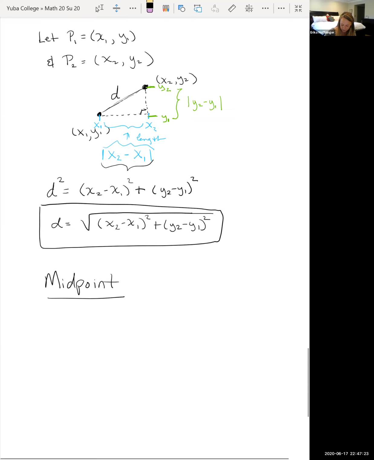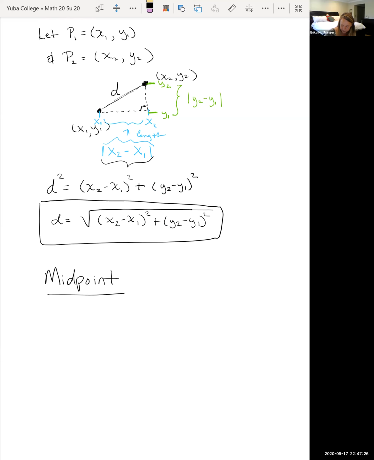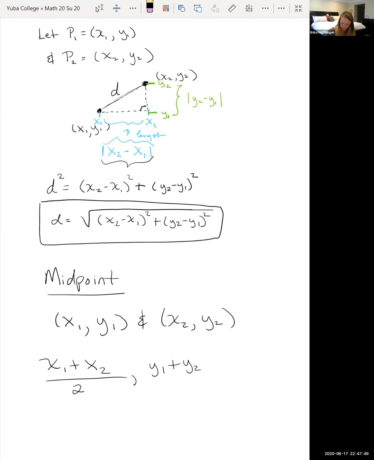And so the midpoint formula for 2 points, x sub 1, y sub 1, and x sub 2, y sub 2, is: we're summing our x values and finding the halfway point, so x sub 1 plus x sub 2 divided by 2, comma, y sub 1 plus y sub 2 all over 2. So if you want to find the halfway point between 2 points, there you go.